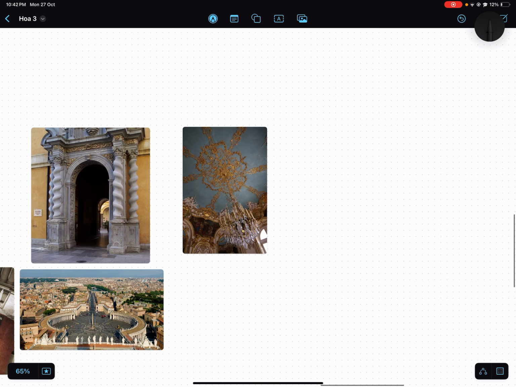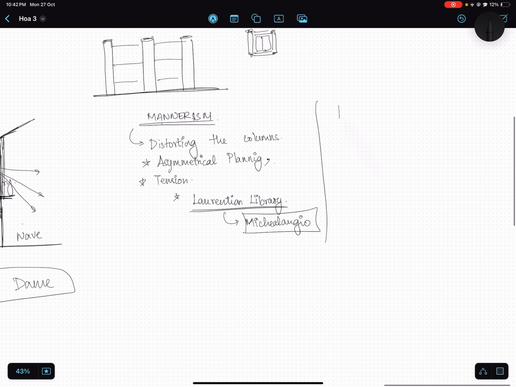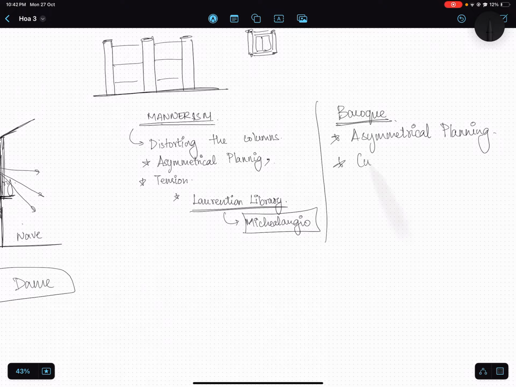Then after Mannerism we had Baroque. So Baroque still followed the asymmetrical planning, but it also involved a lot of curves, like concave and convex curves.